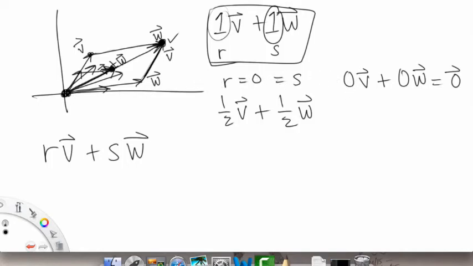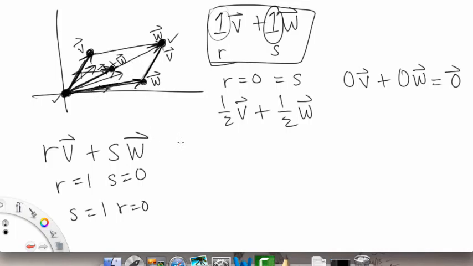That means you're at the bottom left corner down here, right? And if you have, let's say, r equals 1, then you have just the v vector, so we get this corner. And this is with s equaling 0, right? Because we're adding 0 of w to it. And then if on the other hand you have s equals 1 and r equals 0, then you just get the w vector here, and we get this corner.